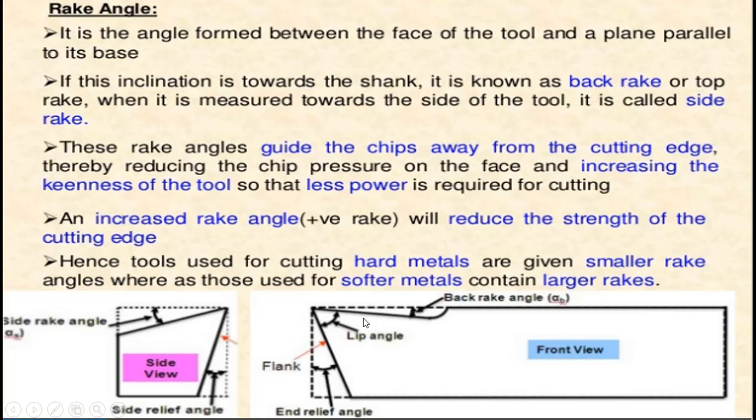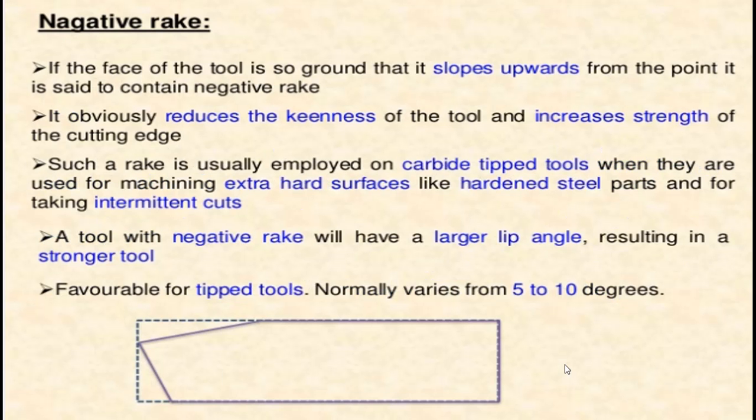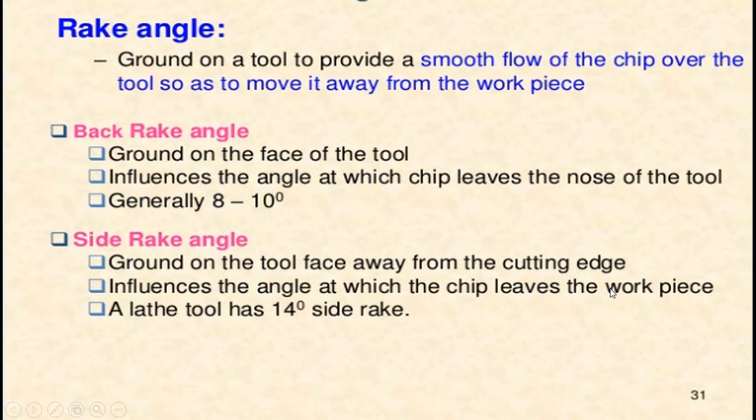Negative rake angle is recommended when machining high strength alloys; second, where heavy impact loads are interrupted during machining; and next, for a rigid setup when cutting speeds are higher and when carbide tools are used. Generally, carbide tools are provided with negative rake angle.